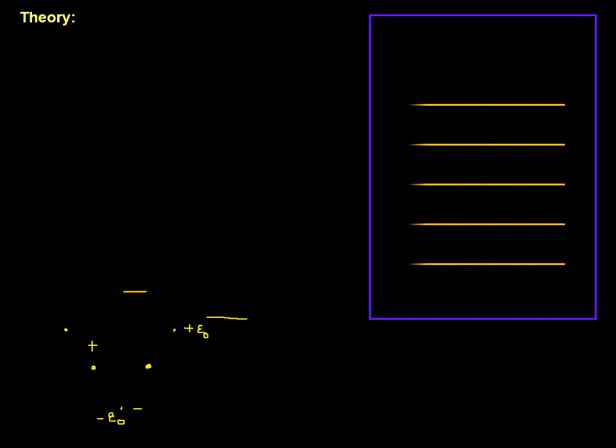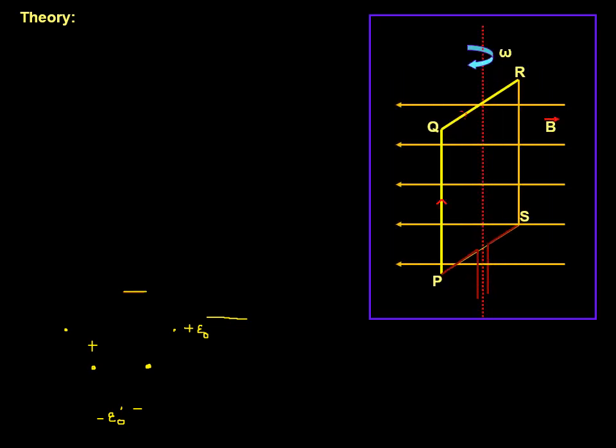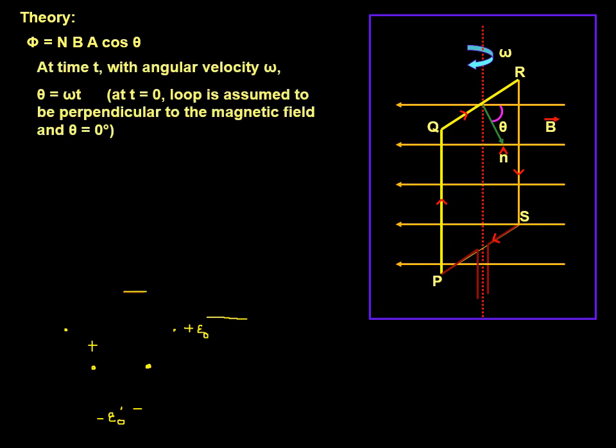Now let me show you what exactly happens in mathematical ways, the analytical treatment of this. Here n cap is the area vector, and phi is equal to NBA cos theta. Theta is equal to omega t. This omega t, later on you'll understand, is also called the phase.